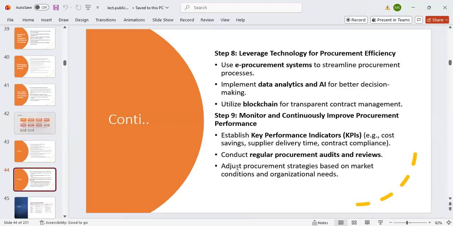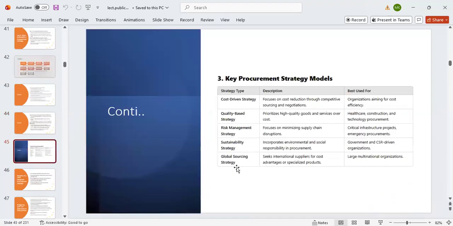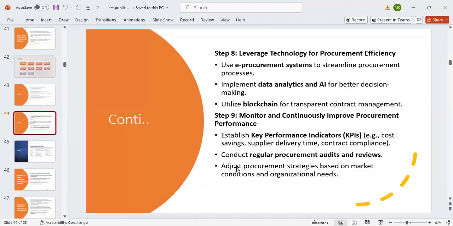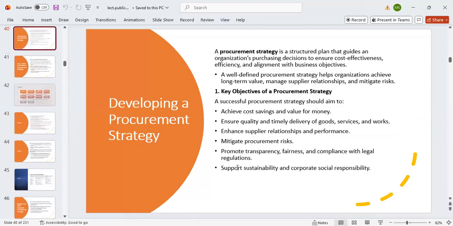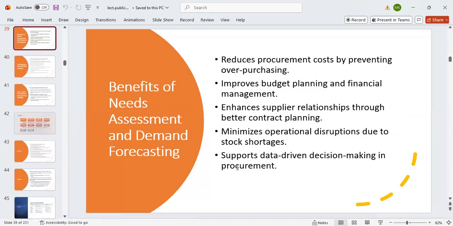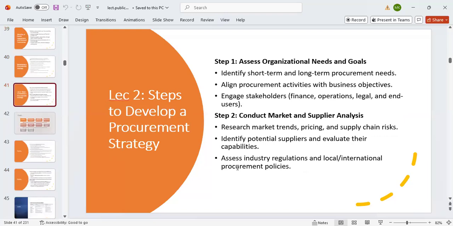This is where you adjust procurement strategy based on market conditions and organizational needs. Very, very important. So I think that is it: there are about 9 steps in developing a procurement strategy.